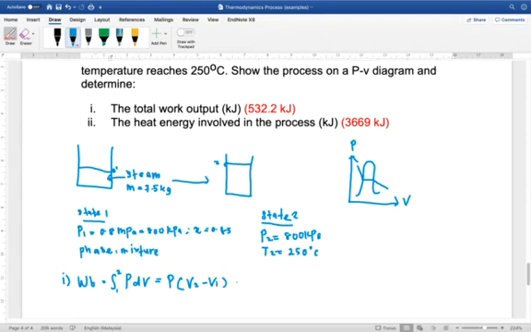Here V is volume. So how to find V2? We have the formula m multiplied with specific volume at state 2, and V1 is m multiplied with specific volume 1.